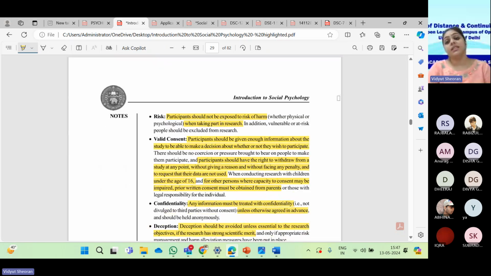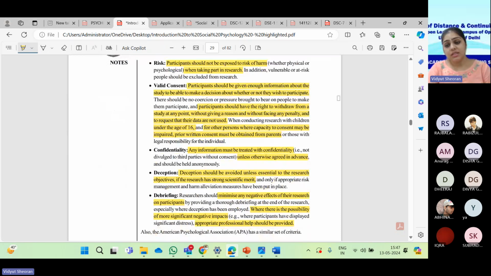Then comes valid consent. We can't impose our decision on the participants that, okay, we want you to participate, so you will have to participate. We will have to take permission from the participants.